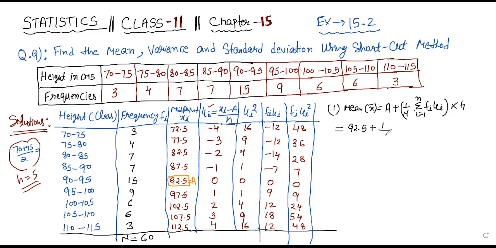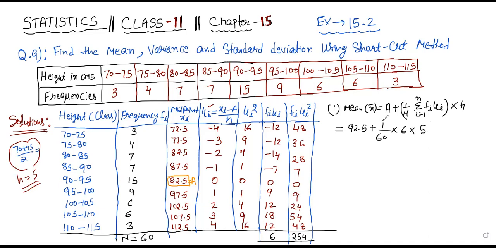Summing fi ui, you get 6, and this will be 254. So 6 into h, where h is 5.